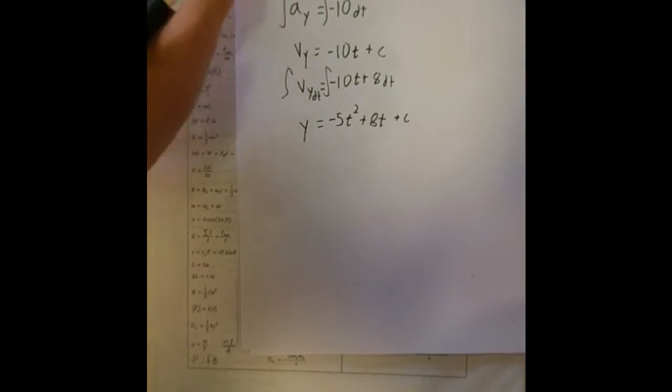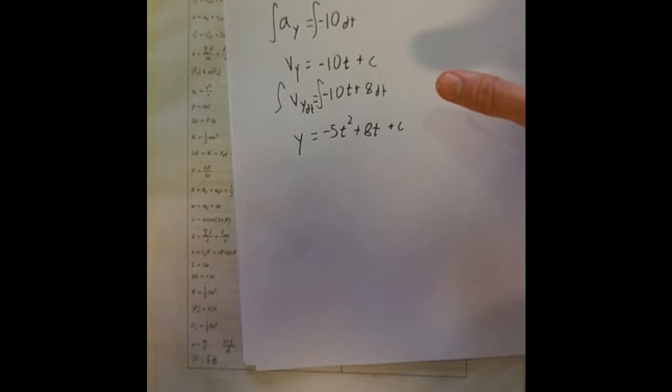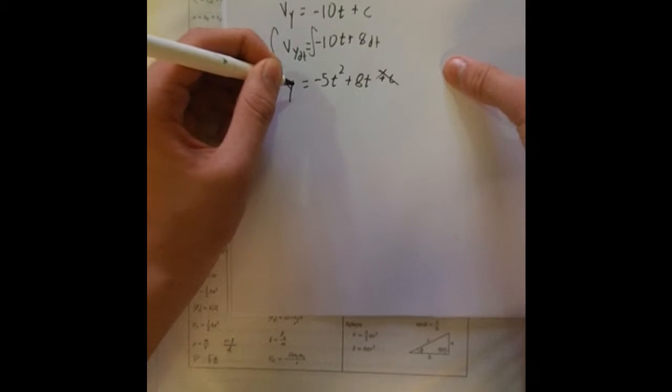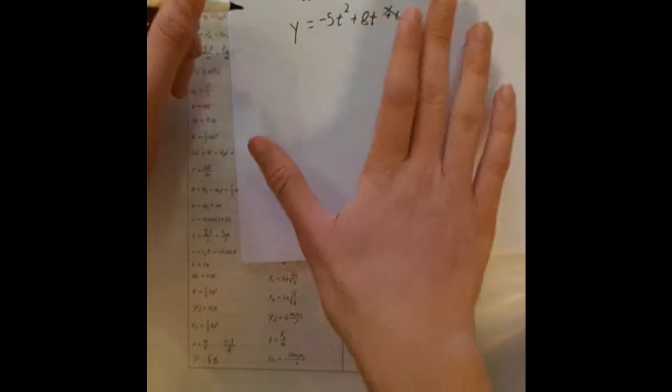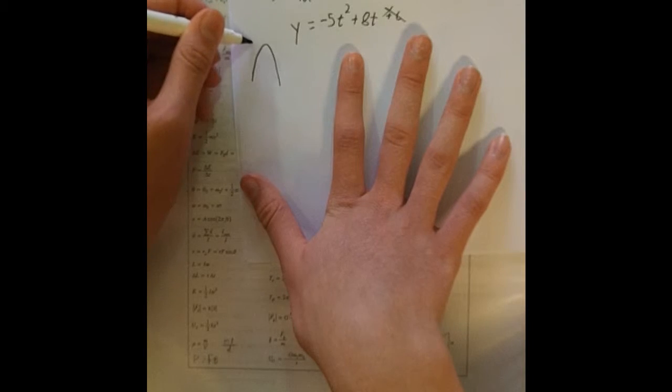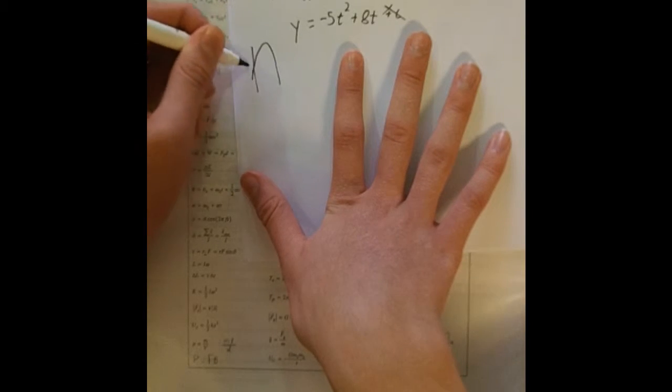Now I could put in 3 for its initial height, and then for its final height plug in 0, but instead I'm just going to do 0 and negative 3 because it's physics and it should start at 0. It makes sense, so we'll just ignore that. So this is our height in terms of time. If you graph this out, it'll look kind of like the trajectory. It'll look like one of these, and the intercept will be like here or something. Okay. So no, it'll be at 0.